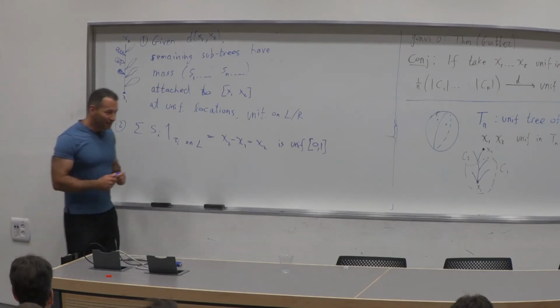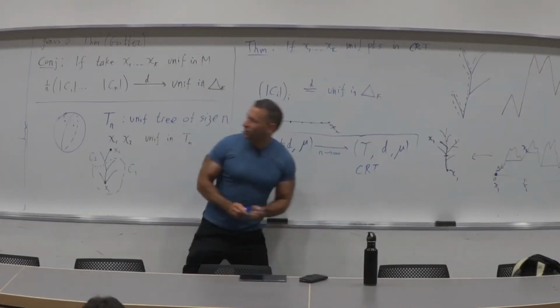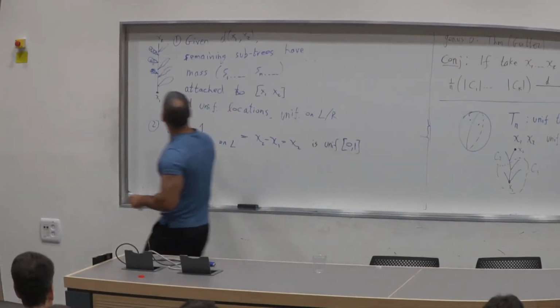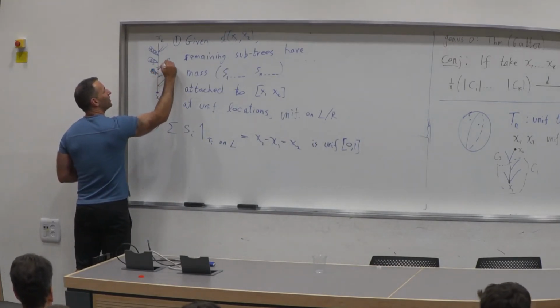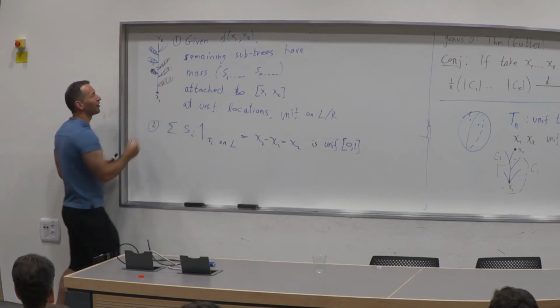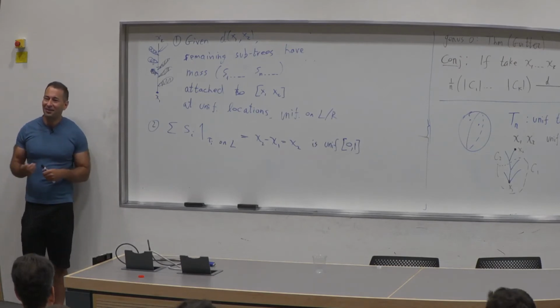On the other hand, if we look at the Voronoi cell of x1, it contains just the trees, so the brown trees are the trees that are in the Voronoi cell of x1. This also contains, if you condition on the sequence S, each one of them with probability half.